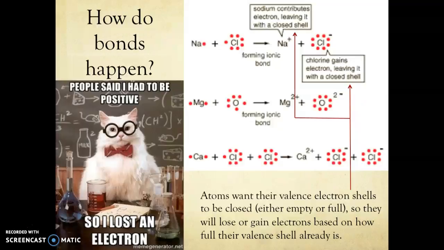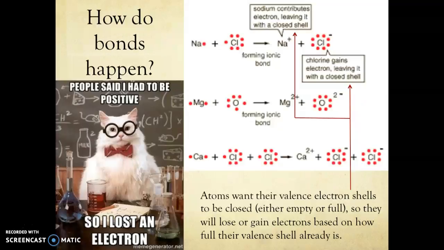So for example, a very common compound is salt, sodium chloride. It has a sodium atom and a chlorine atom. Now, sodium has 1 valence electron. It is much easier for it to lose that 1 valence electron to get to 0 than it is to gain 7 to get to 8.